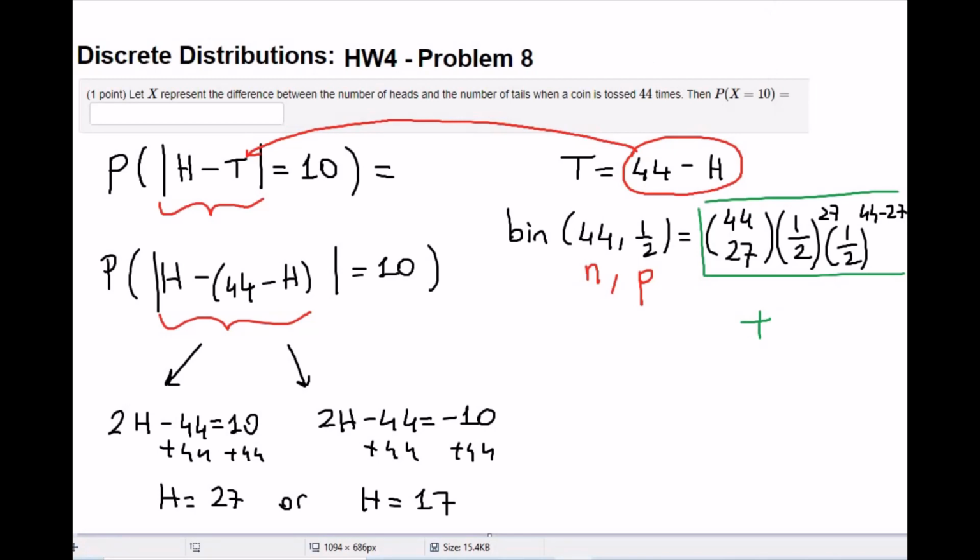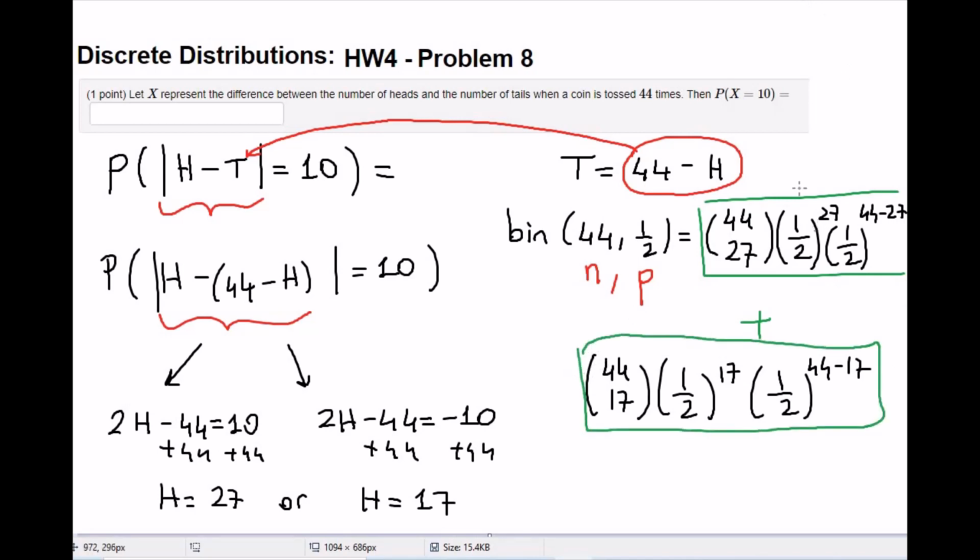Plus, we have again binomial with the same parameters, but this time we choose 44 choose 17, and 1/2 to the 17 times 1/2 to the 44 minus 17. And this is the second part of the problem. And if we add these two, we obtain 0.078029. So this is what we obtain.